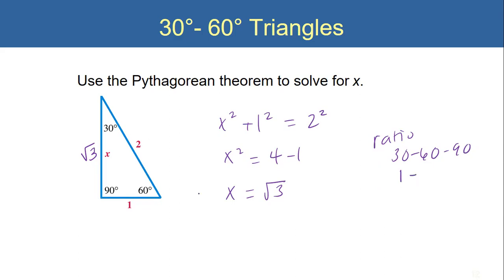Across from 60 is always a ratio of square root of 3. And across from 90 is always a ratio of 2. These are your angles, and these are your sides. So for 30, 60, 90, the ratio of the sides is 1, square root of 3, 2. And I should have used colons and not dashes. I apologize.